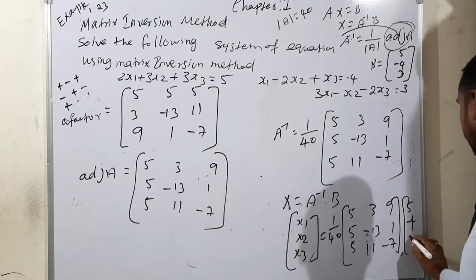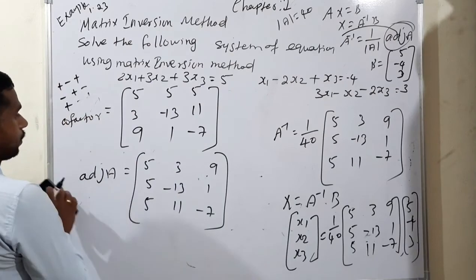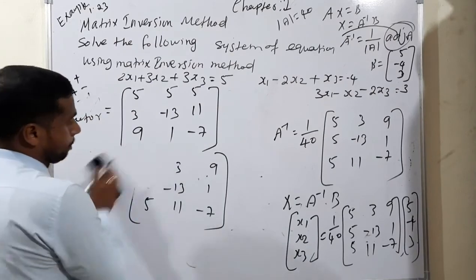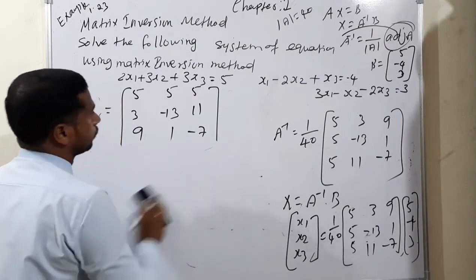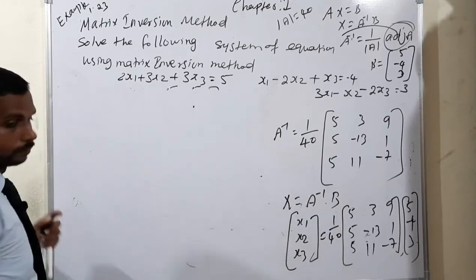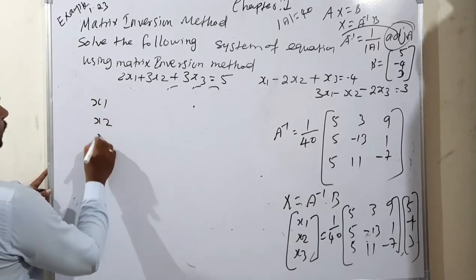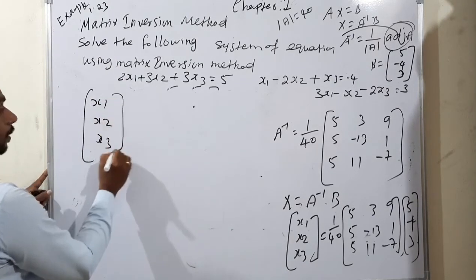Now, so listen very carefully, the last line. First line, x1, x2 and x3.